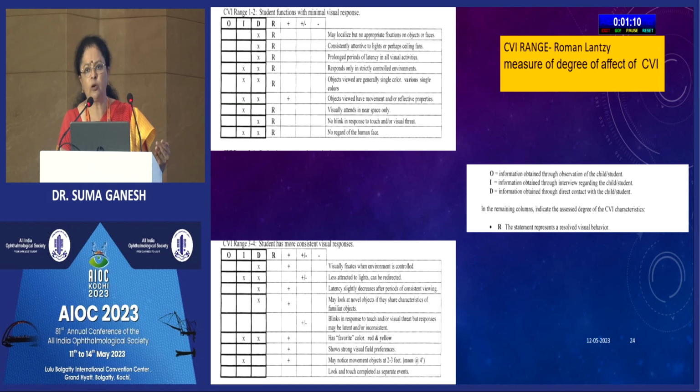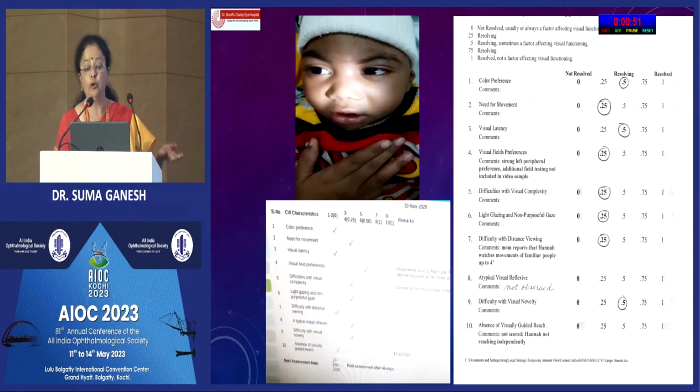COVID has taught us that you can even do it through telecommunication. That's how we measure what the child is not able to fix. These cards are available on the net. This has been developed by Roman and Lantzy, and you can say, now your child is in range 1 or 2, and the child can be improved to 5, 6 or to 7, 8, and if it is resolved, you will write R.